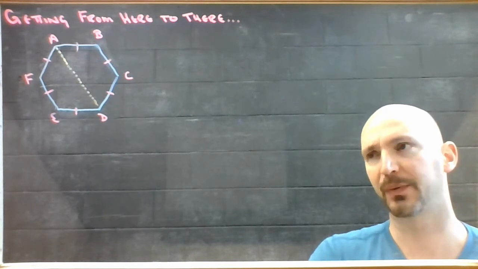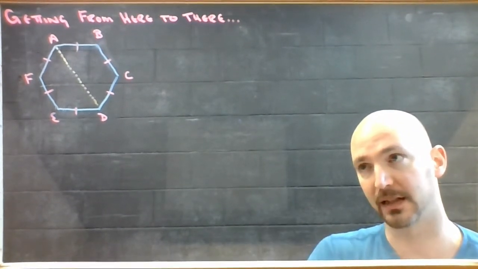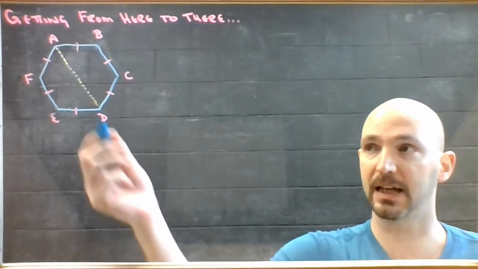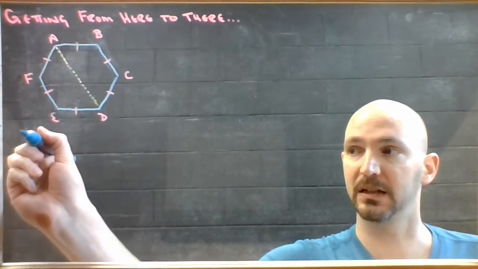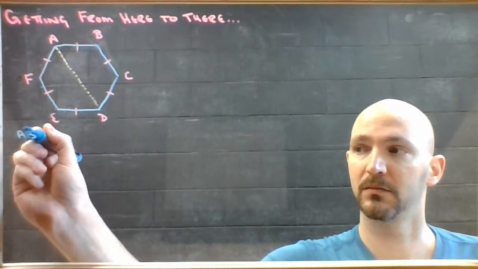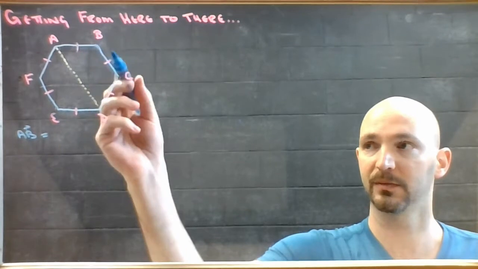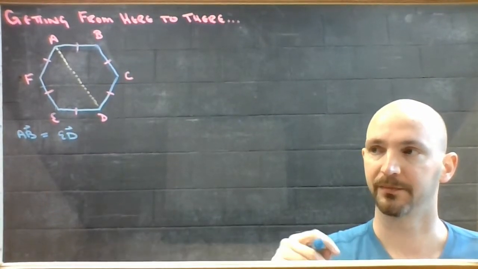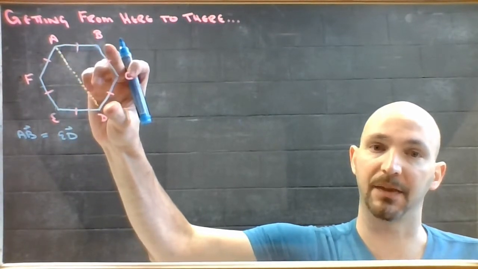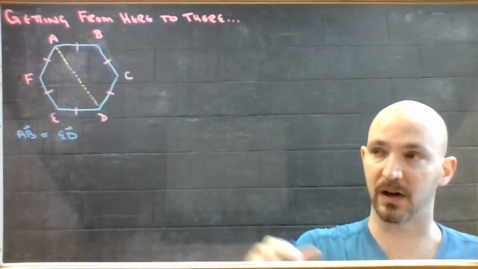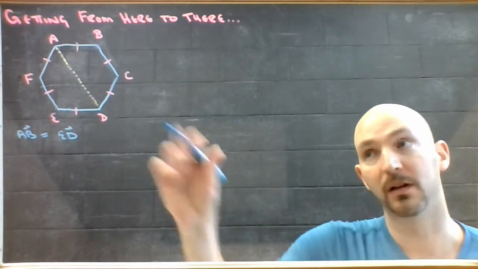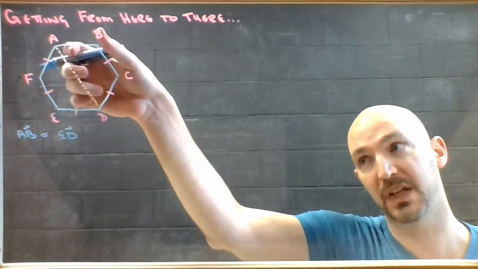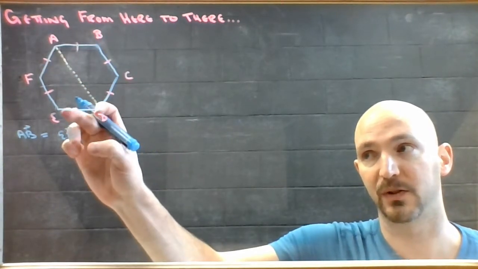So if I were to make a list of facts that are true about this particular hexagon, I could say that the vector from A to B is equal to the vector from E to D, because they are the same length and they're parallel and they head in the same direction. By exactly the same logic, I could say that the vector from C to B is identical to the vector from E to F.